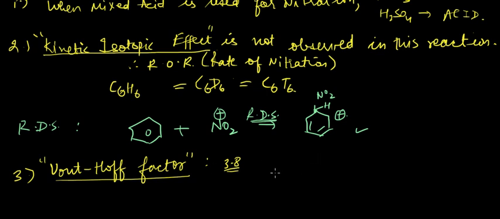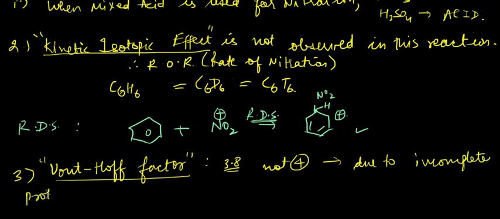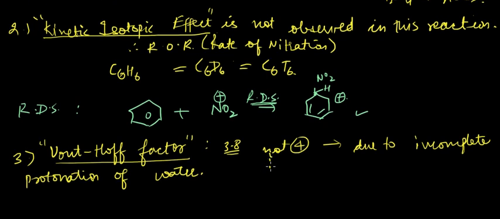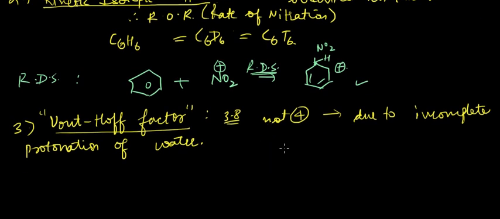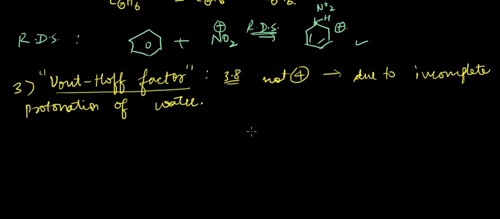So it is 3.8 and not 4, and the reason is incomplete protonation of water. There are many parameters which are required to calculate the Van 't Hoff factor. We won't be delving into this topic too much. This is out of syllabus for the time being.